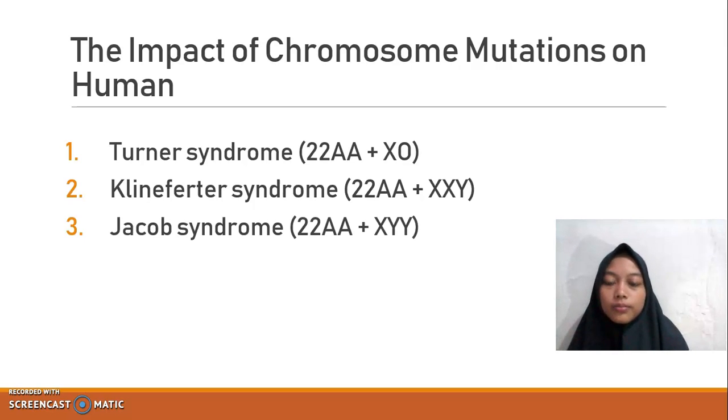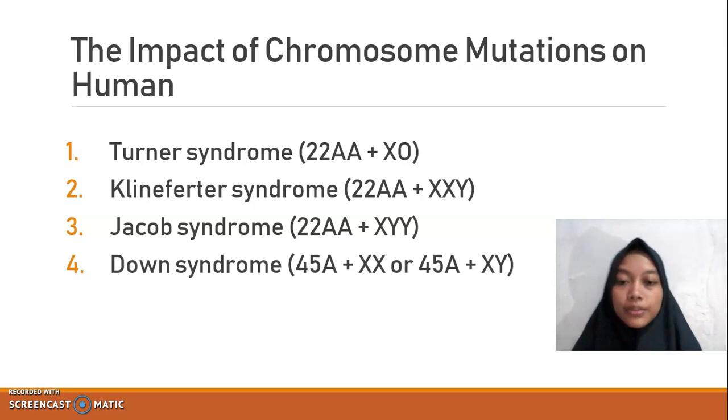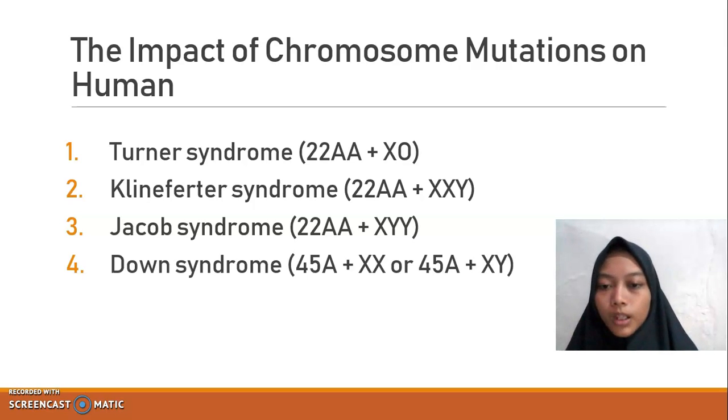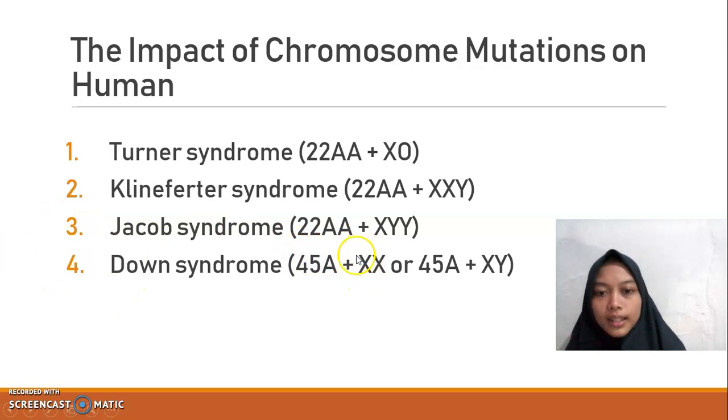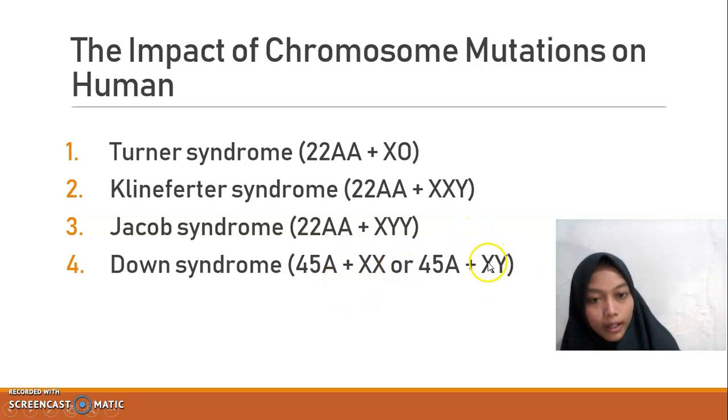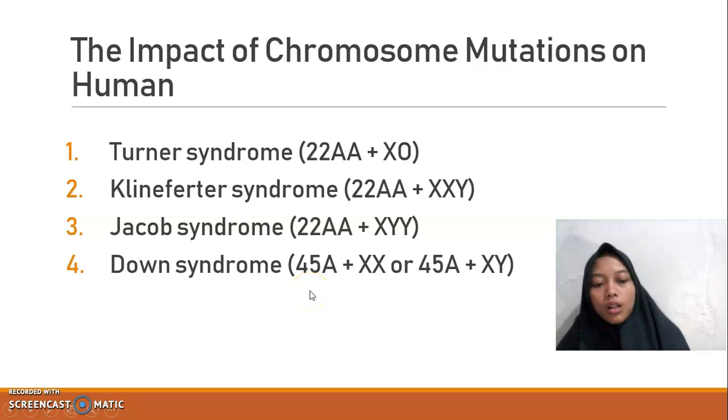Jacob syndrome with karyotype 22AA plus XYY. And the last is Down syndrome. Is 45A plus XX or 45A plus XY. This XX mean female and XY mean male.